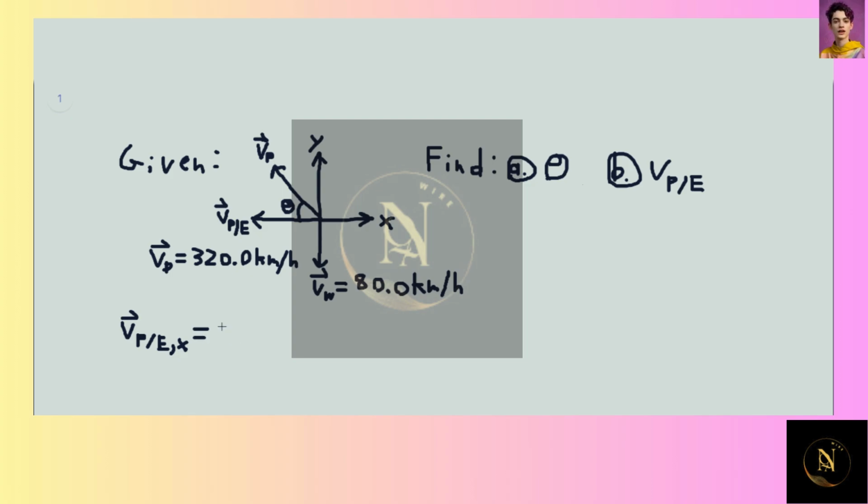The velocity of the plane relative to the Earth is going to be equal to the velocity of the plane in the x direction plus the velocity of the wind in the x direction.